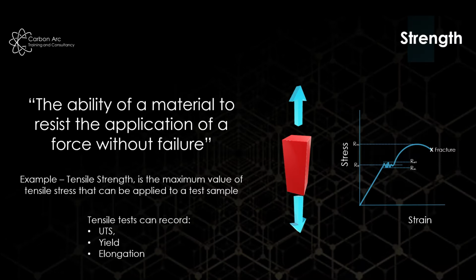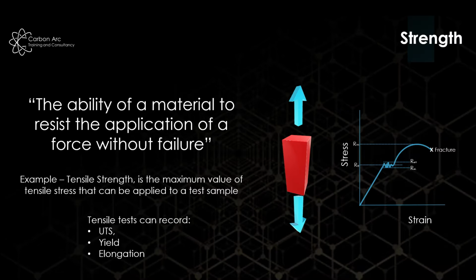In that tensile test, we said we can cover UTS, ultimate tensile strength, yield, and elongation. For elongation, again, in the other video we show how we work that out, but it's 2 very distinct points on the test sample we measure, with UTS and yield coming from the graph.